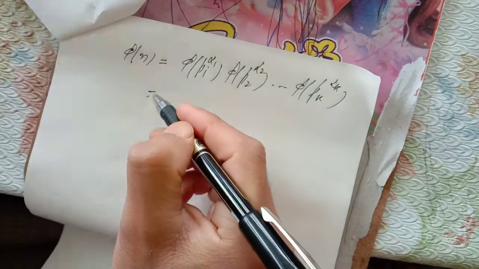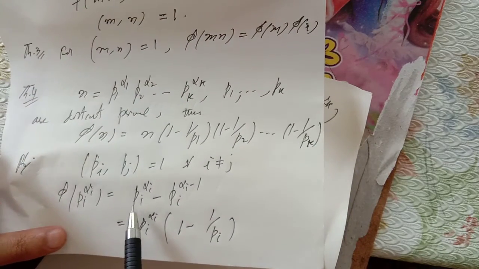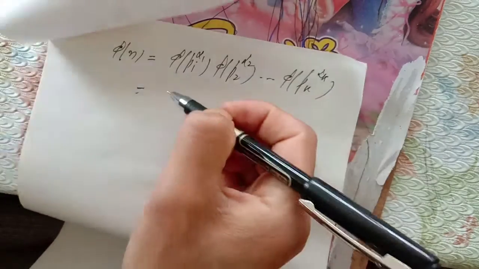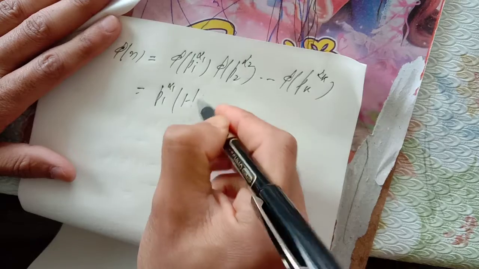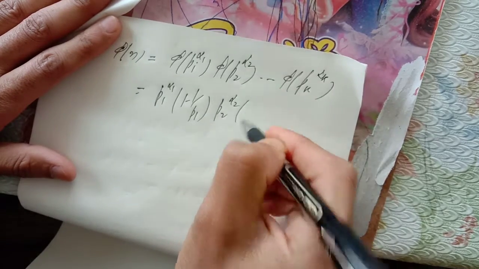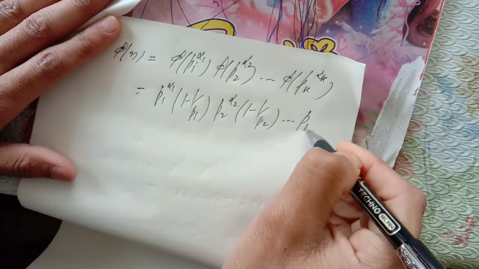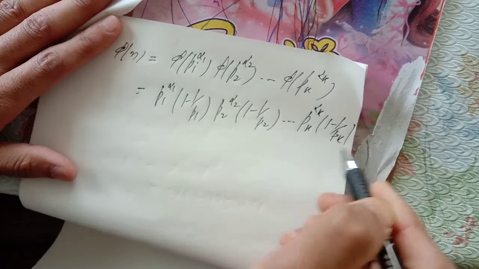And using the above fact that phi of pi alpha i is equal to pi power alpha i into 1 minus 1 by pi, we get p1 alpha 1 into 1 minus 1 by p1. In place of this we have p2 alpha 2 into 1 minus 1 by p2, and so on, and in place of this we have pk power alpha k into 1 minus 1 by pk.